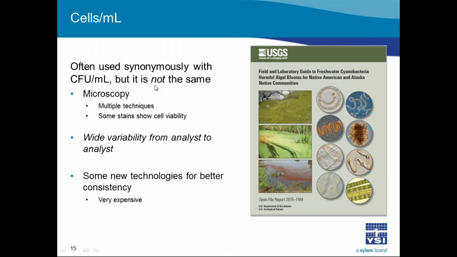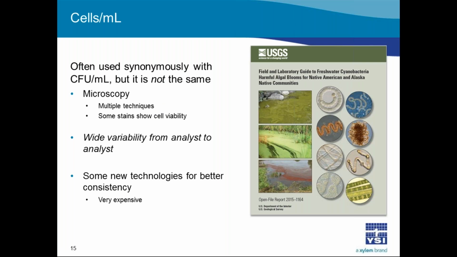counts. Now, something that adds a little confusion to our world is that cells per mill is often used synonymously with CFU per mill, but they are not the same unit of measure, and we are all guilty of this. I've done it before too, but you really have to look at whether that's what people mean when they are using one of these units, so you have to follow up on that.